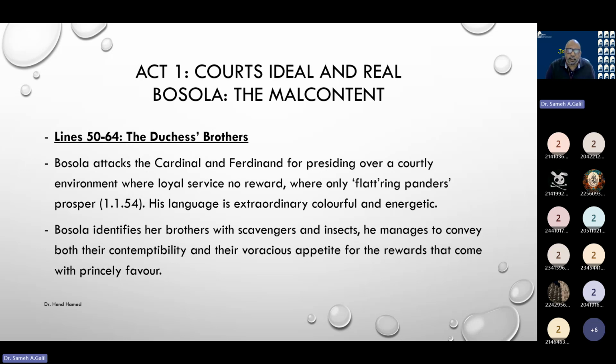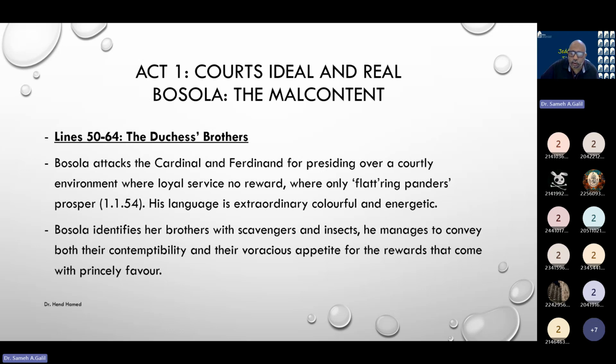He's trying to say that those royal family members are ruling, and under their watch and rule we see that only flatterers and sycophants and insincere people are getting promoted, but people who have merit have no place.